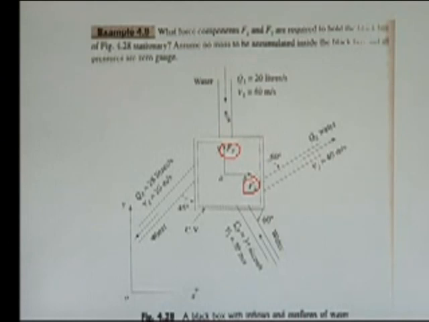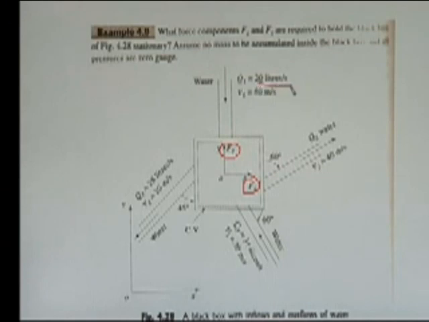With the help of this interaction of the fluid of this control volume with the outside fluid, we can write Fx and Fy. We can write equation in x direction and y direction, and with the help of that we can calculate Fx and Fy, right.